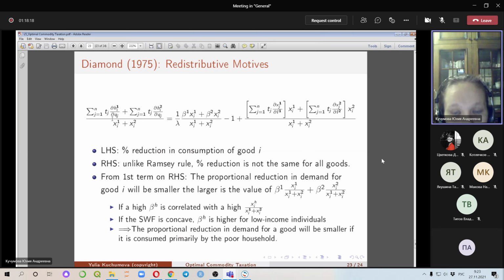And this could happen if we live in a setting where the social welfare function is concave, meaning that beta_h is higher for low-income individuals. This is just taken as a given. So for the concave social welfare function, we would have higher weights on low-income individuals.